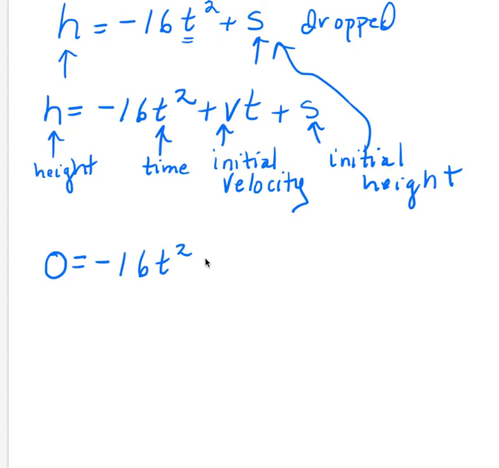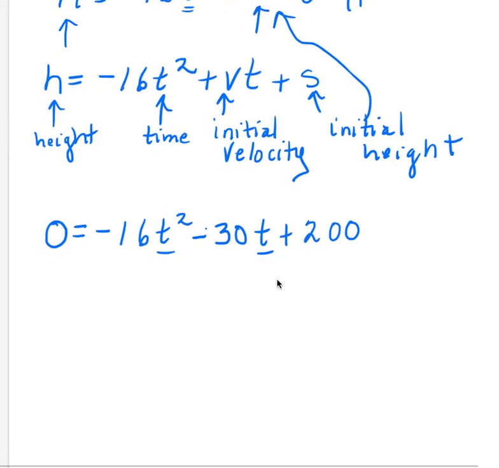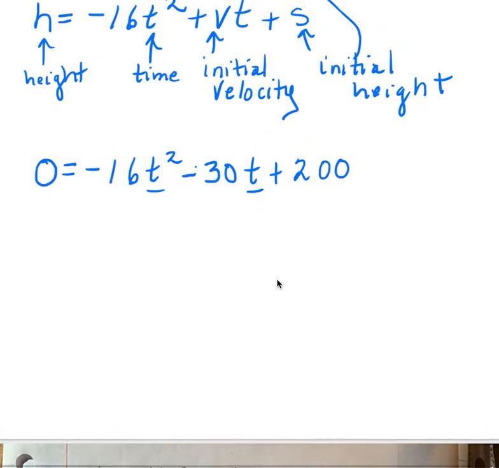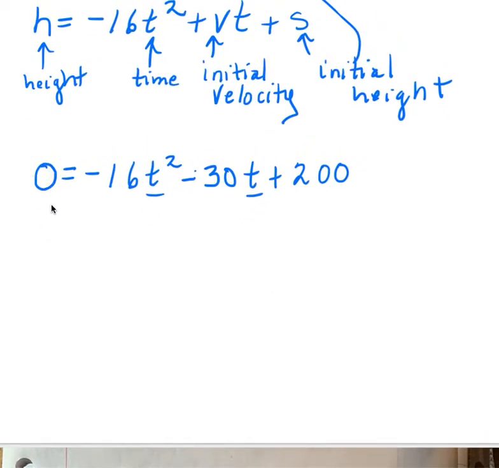They're throwing it downward, so it's negative, and they say negative 30 feet, so it's negative 30t. And then the height that it's starting at is 200 feet. That's where the hot air balloon is. And they want to know how much time it's going to take, so I have to solve for t.